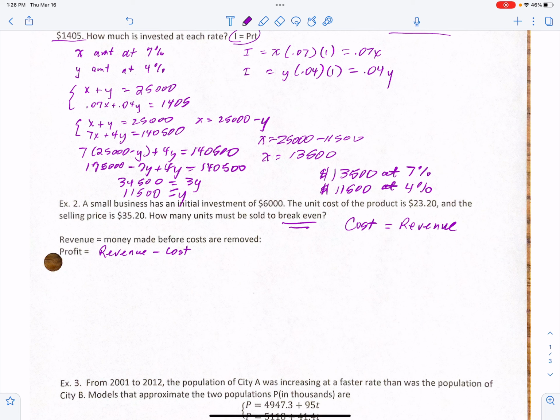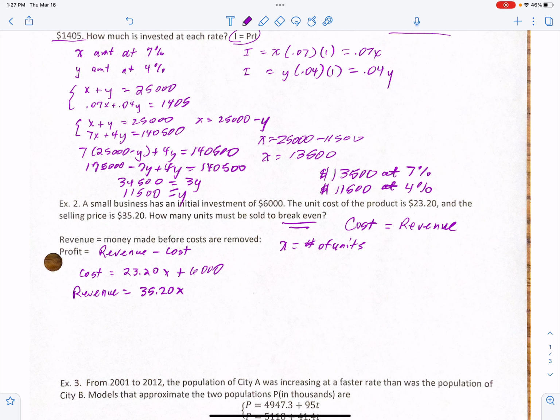So in this case, my cost, well, you have to pay $23.20 times the number of units. So I should say X is going to be the number of units. But you also had that initial startup cost of $6,000. And then your revenue, you are selling each one for $35.20.